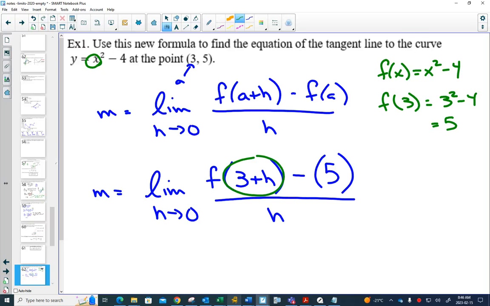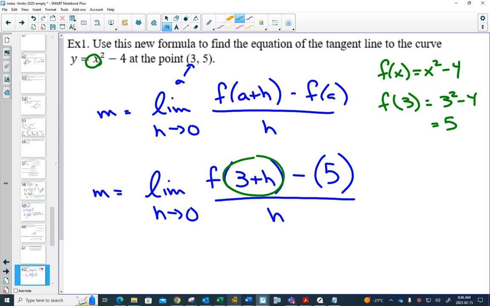It would be Alice squared minus 4. And even though it's weird, it's actually the same process. But it's that weird process that's important, because as soon as you see more than one thing in f, people all of a sudden go, I can't do this. You can. Because f of 3 plus h means the same thing as f of Alice.